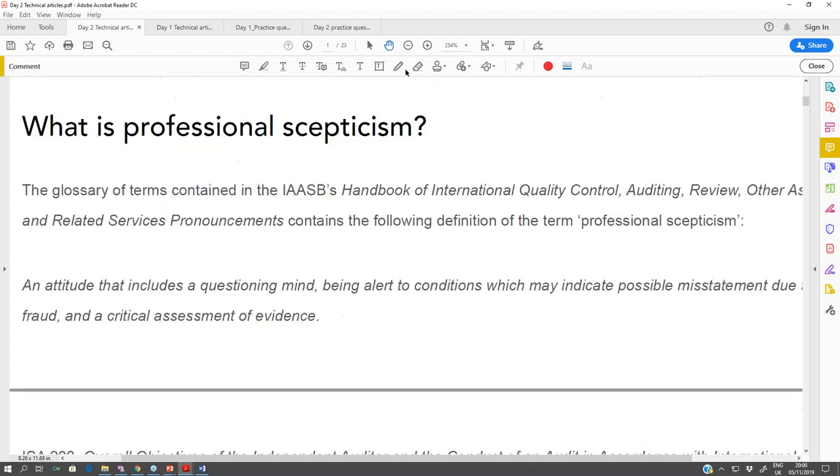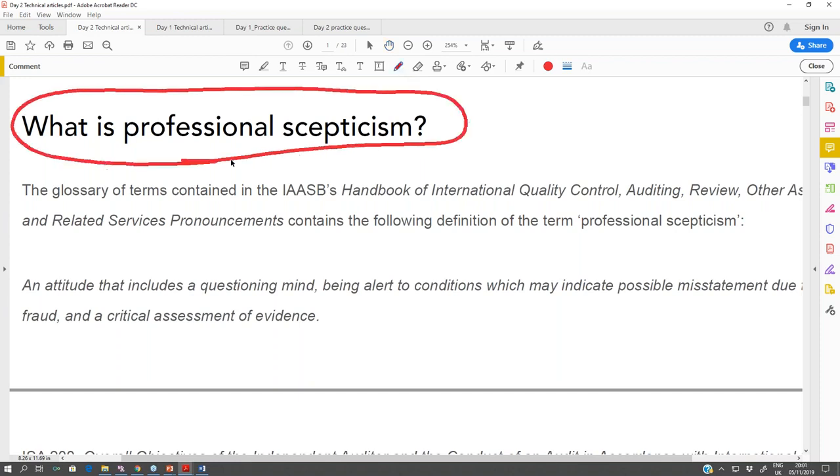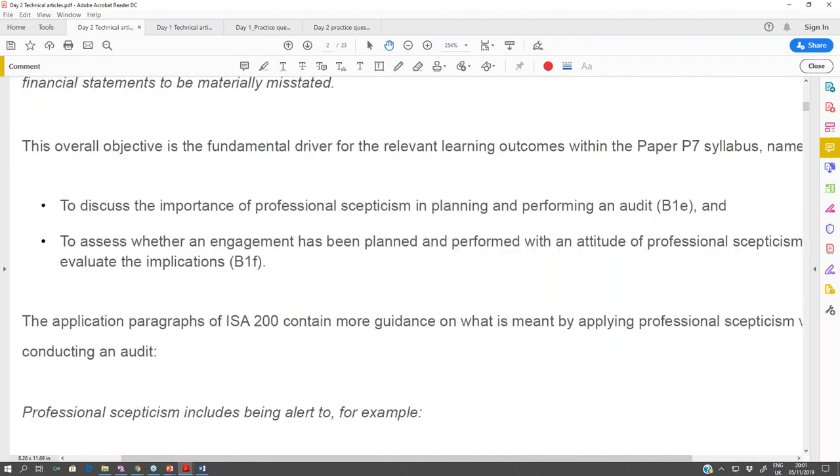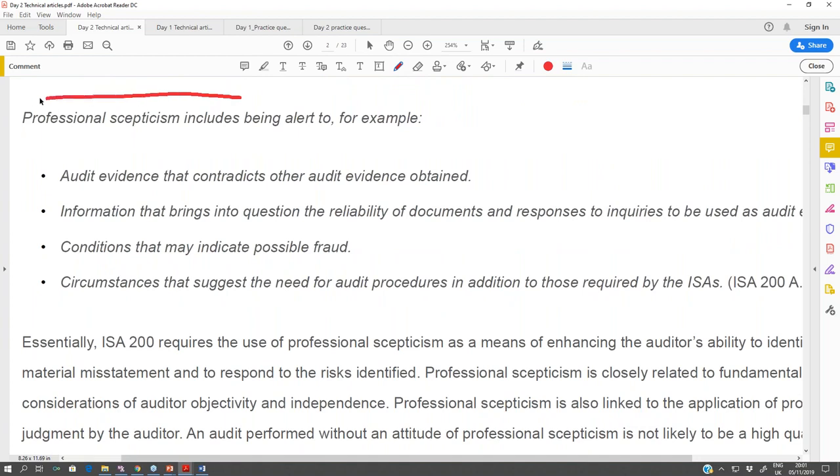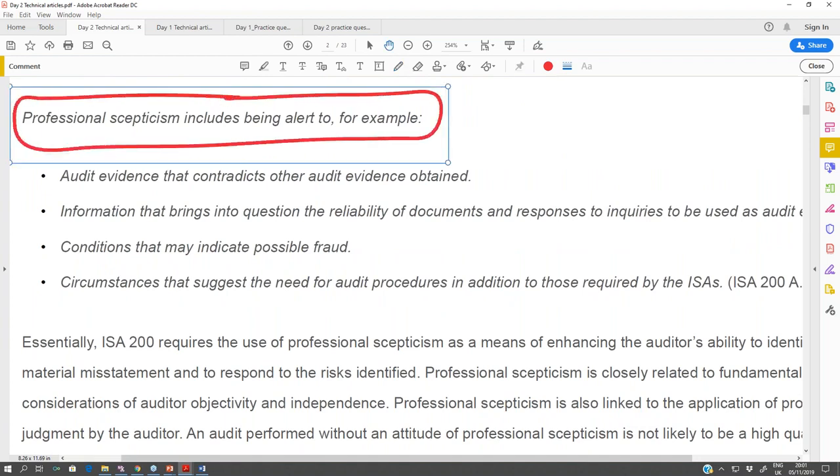This article tells you basically what professional skepticism is, so you can explore that. It says professional skepticism includes being alert, and the examiner gives you some examples of areas where you should be alert. You can go through the list.